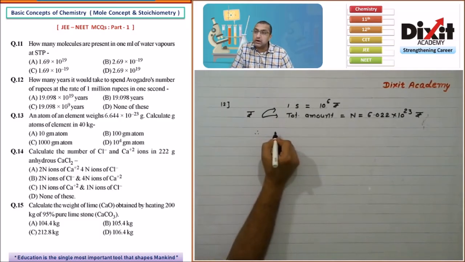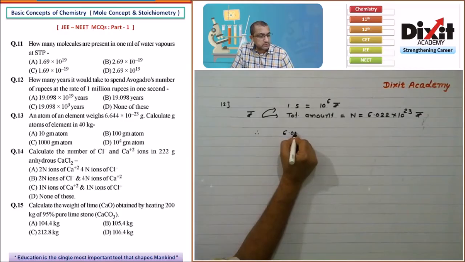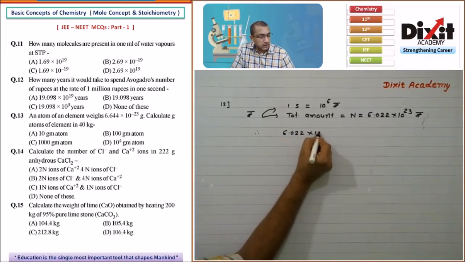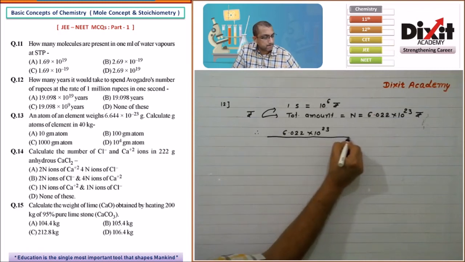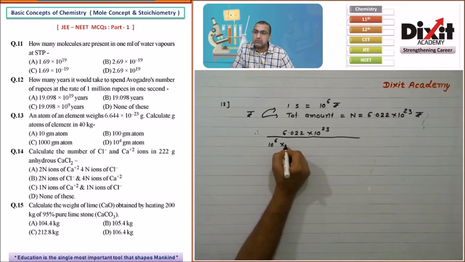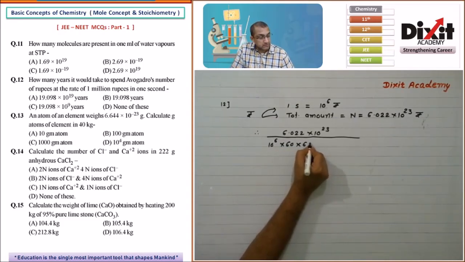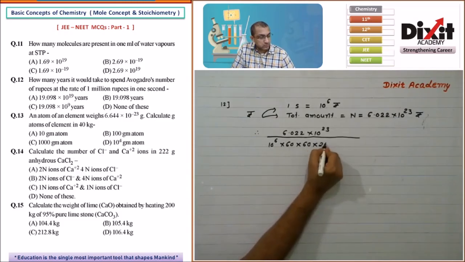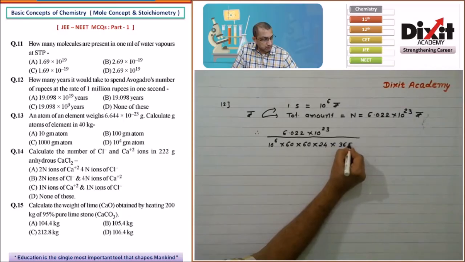Therefore total time taken is equal to total amount, 6.022 into 10 raised to 23, this much is the total amount, divided by 10 raised to 6 to be spent in 1 second. So 60 seconds into 60 minutes into 24 hours, that's day, into 365 days a year.